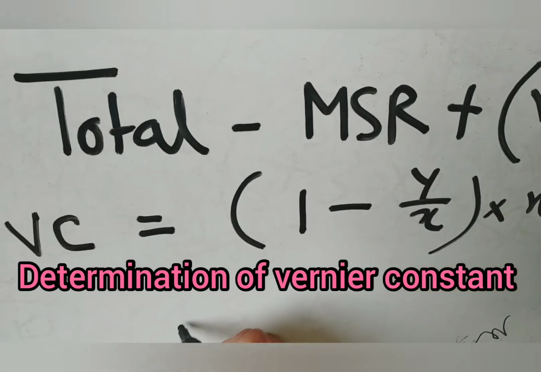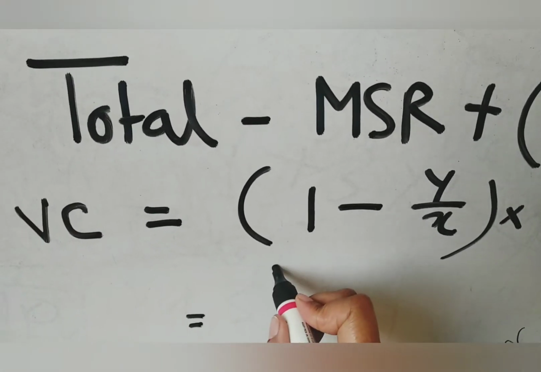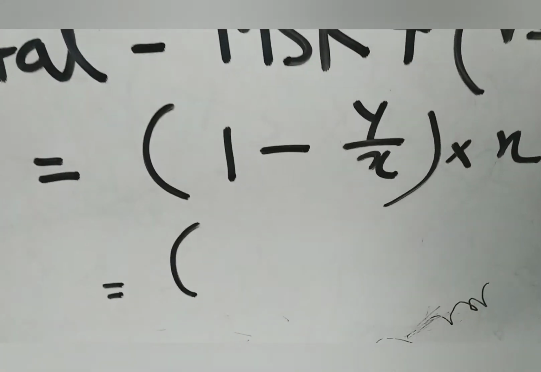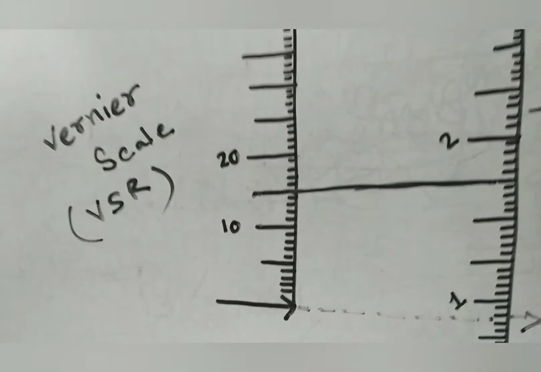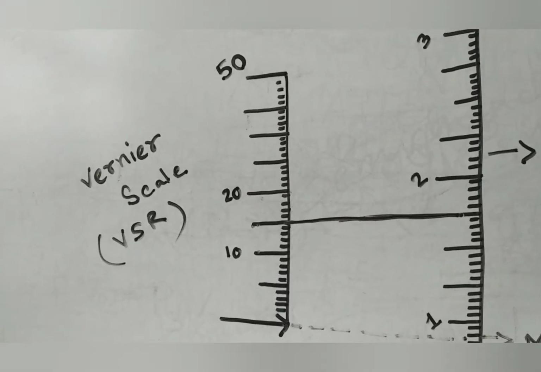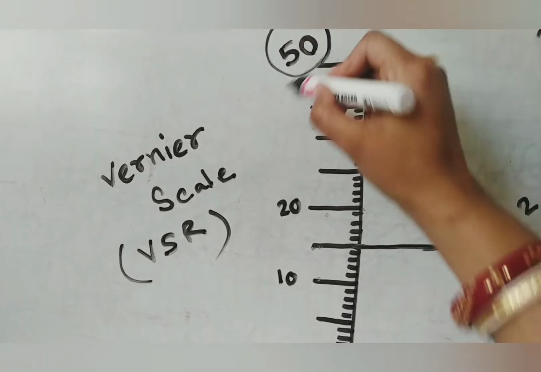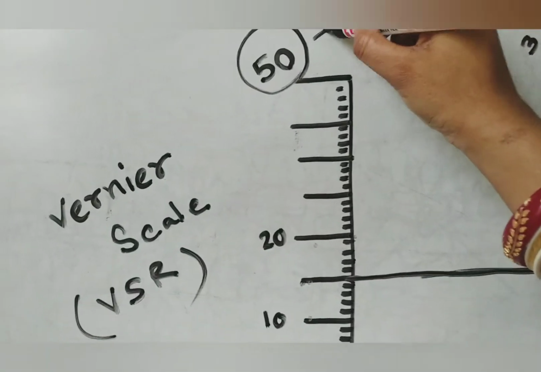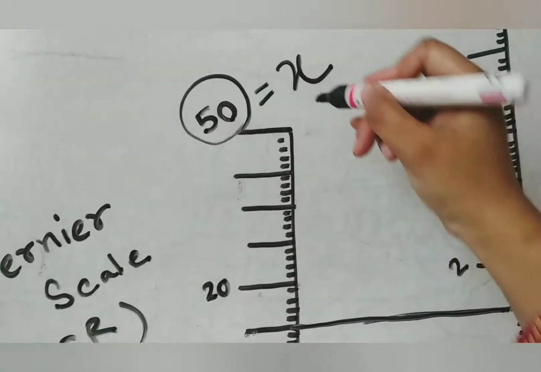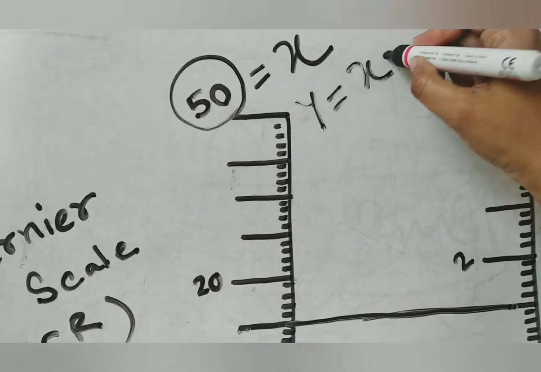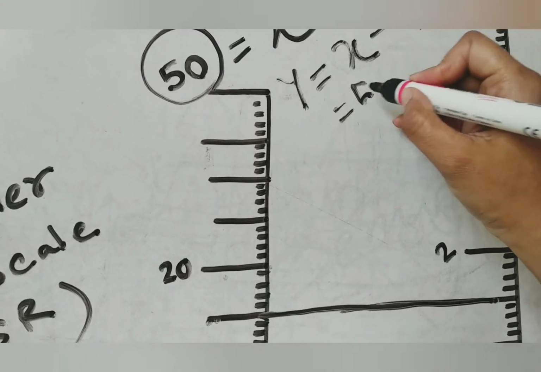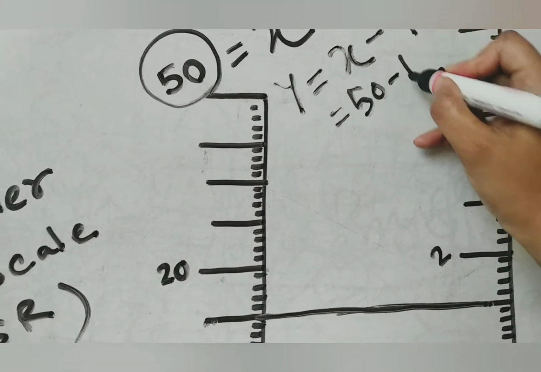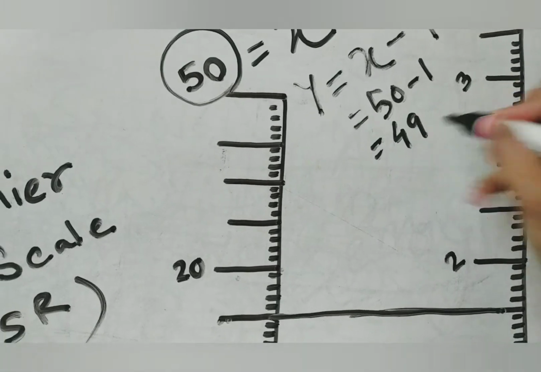What is y, what is x and what is small n? If we know, we can easily calculate the Vernier constant. X is the total number of Vernier scale divisions, which I already told you is 50. So x equals 50, and y is always x minus 1, so y is 50 minus 1, that is 49.